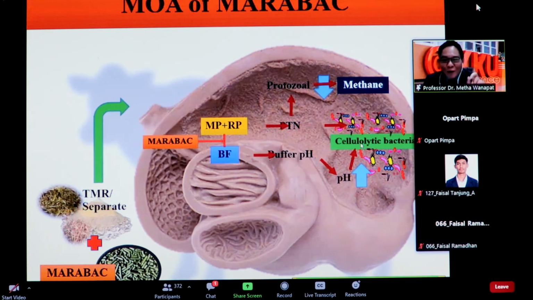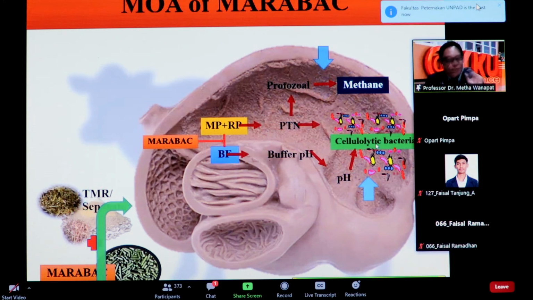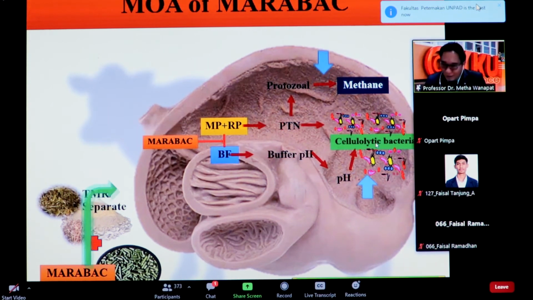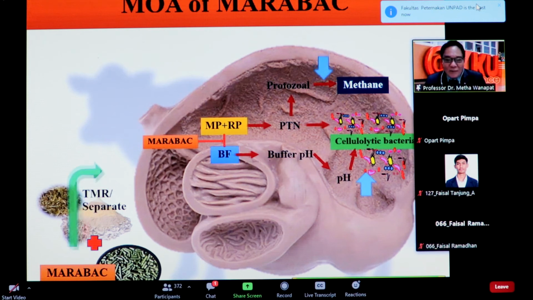But one important finding that we have obtained was that Fibrobacter succinogenes, one of the cellulolytic bacteria, among the 3 species, was significantly increased through the supplementation of Marabac.